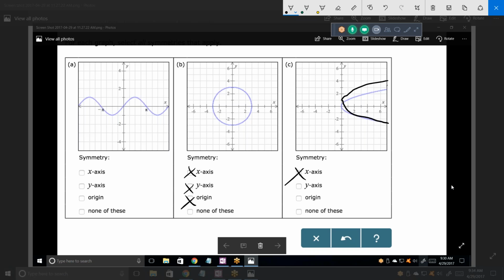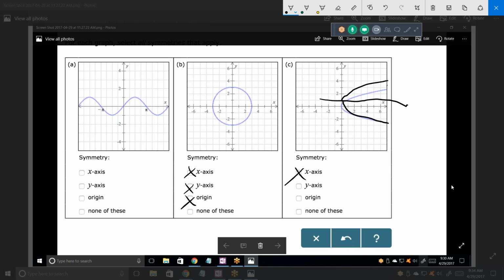This might have symmetry over the line y equals 1. The way I drew it kind of does. This is kind of a key point here. It would have symmetry with the line y equals 1. Now, when we say symmetry with the x-axis, that means the same as symmetry with the line y equals 0.